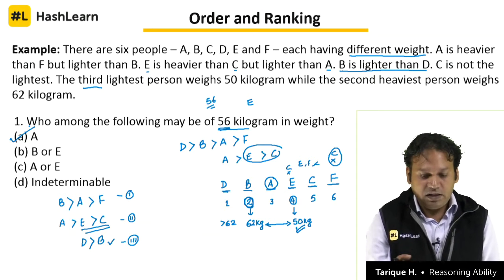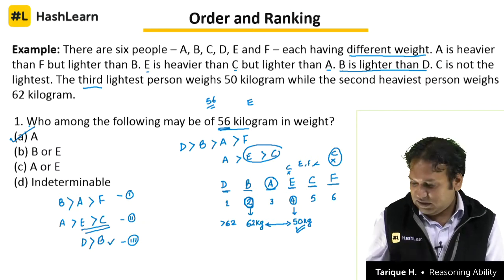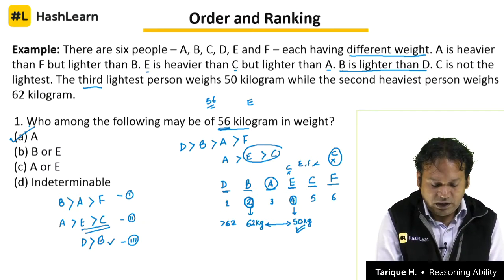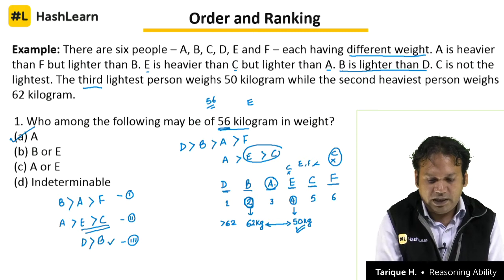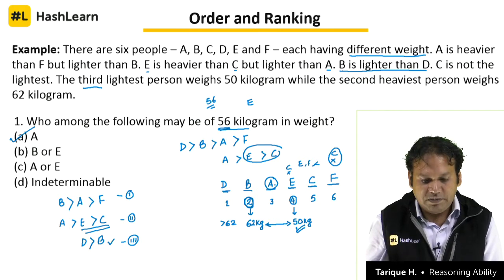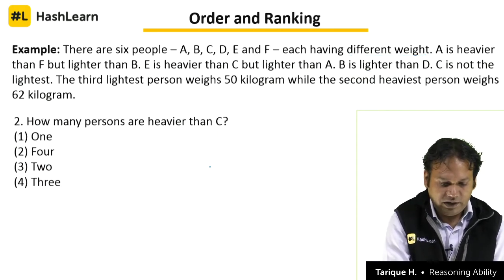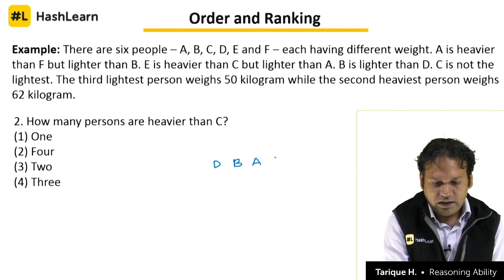Answer is A. If they ask who is of 50 kg weight, then the answer is E. Now, look at the final order: D, B, A, E, C, F.